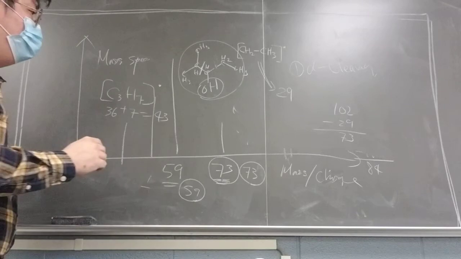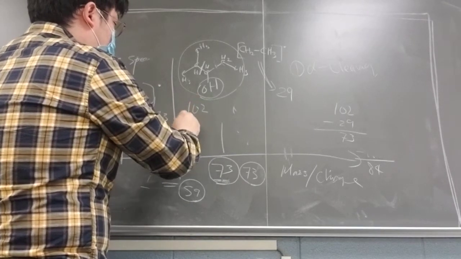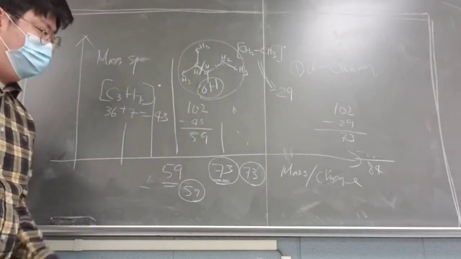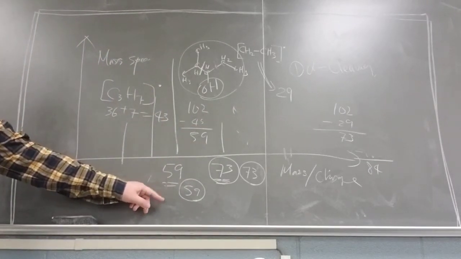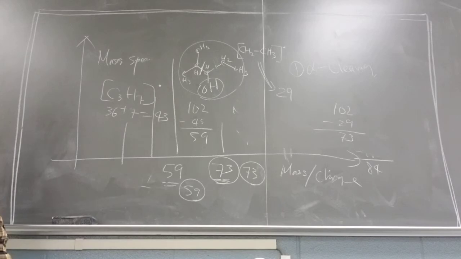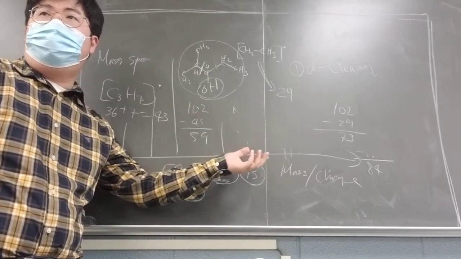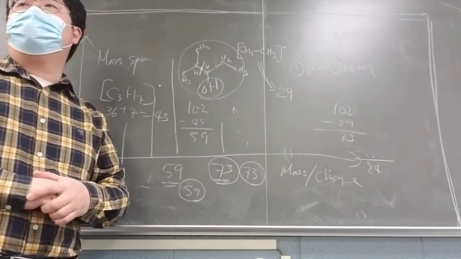So 102 minus 43 is 59. You have a 59. So this is indeed a good example of alpha cleavage, but not dehydration.